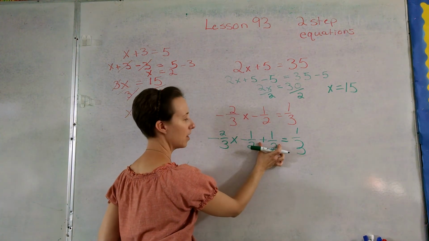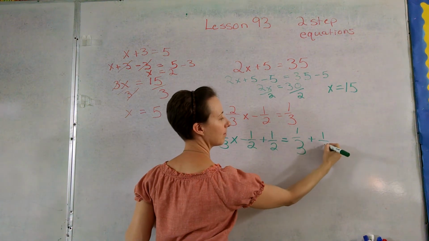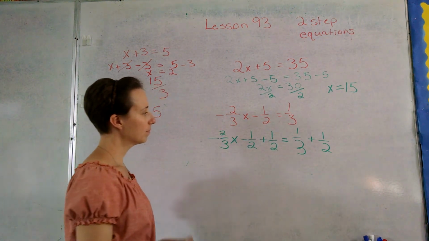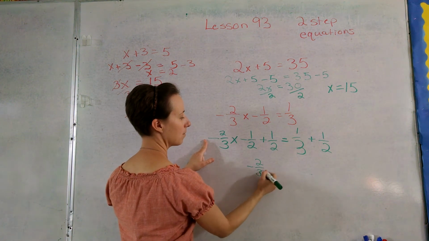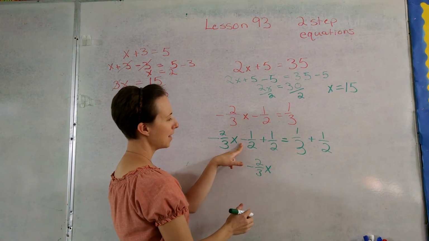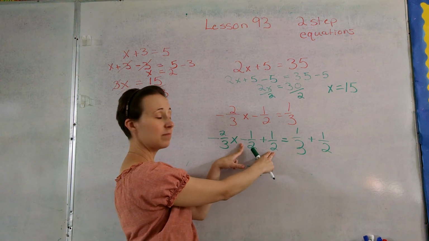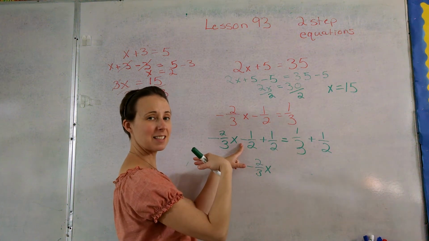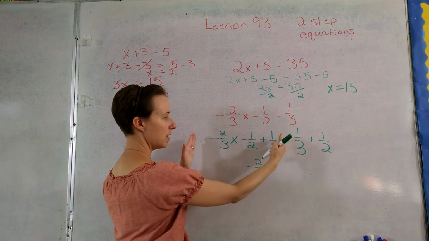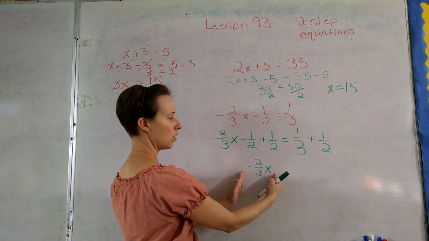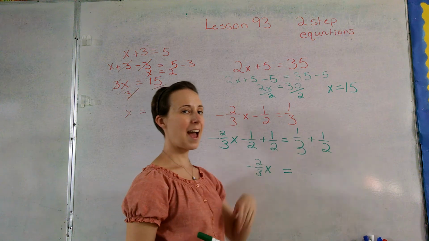I added a half here, so I want to do the same thing to the other side. Now I'm left with my negative 2/3 x minus a half plus a half. Those cancel out. If I subtract and then add back in the same thing, I'm left with 0. So all I have from this side of the equation is my negative 2/3 x is equal to 1/3 plus a half.